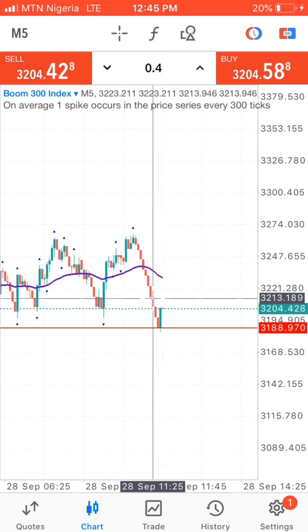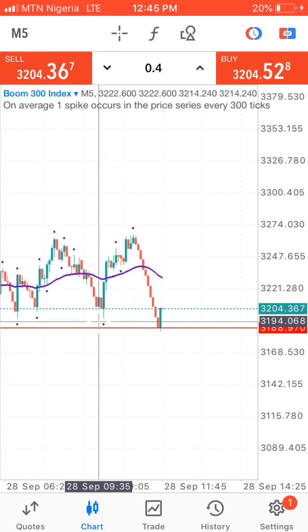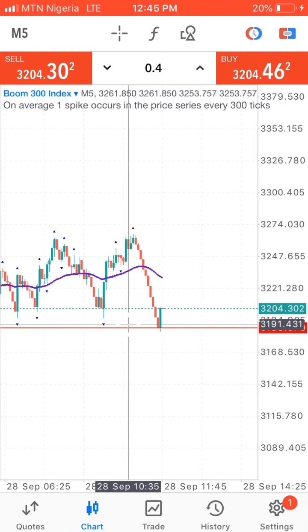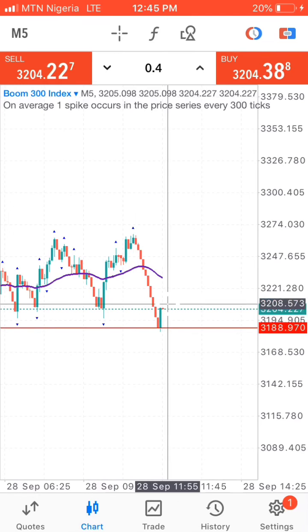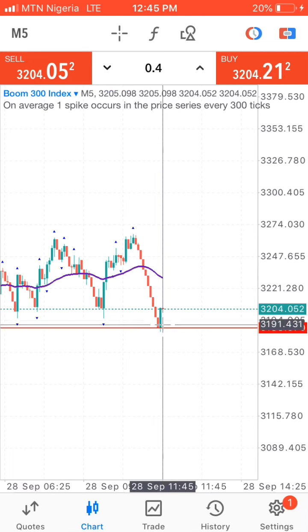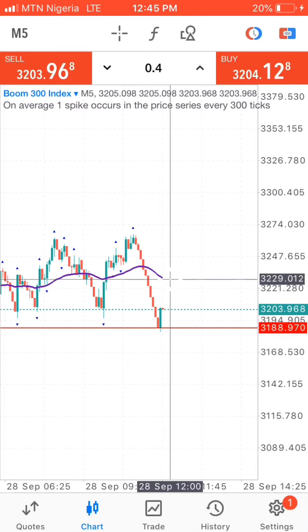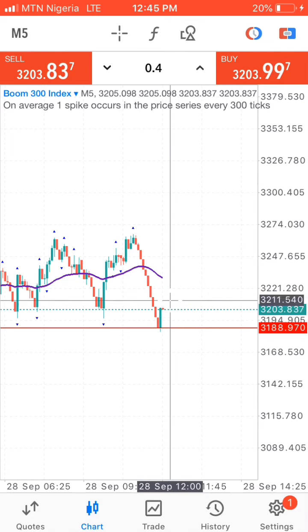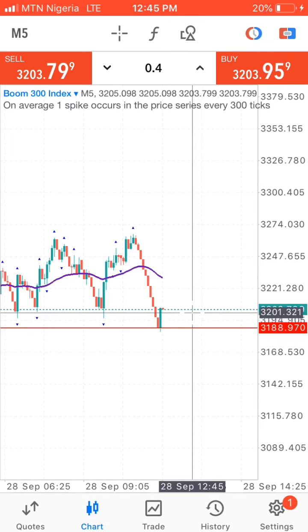So now, imagine, okay, as I said, have you seen what just happened here? We caught a spike because I told you that once it gets to this place, which is our support, we expect a spike. Now, this is the right time to get into this market and be buying, and we expect it to buy to a certain level, give us spikes to a certain level before coming down again, which we are going to check if it's going to break this resistance.